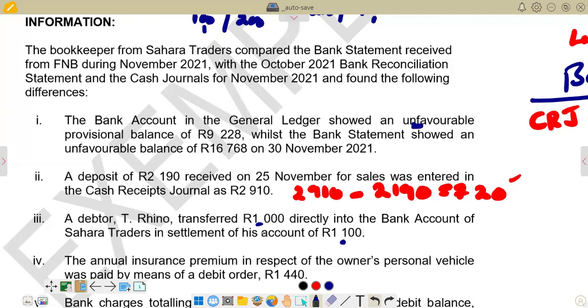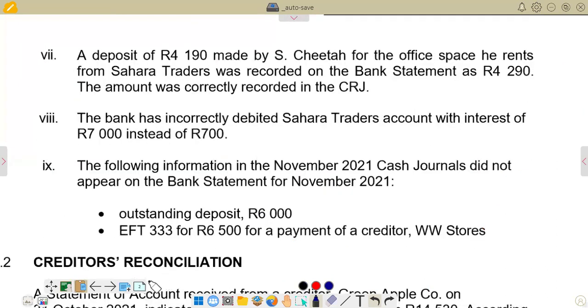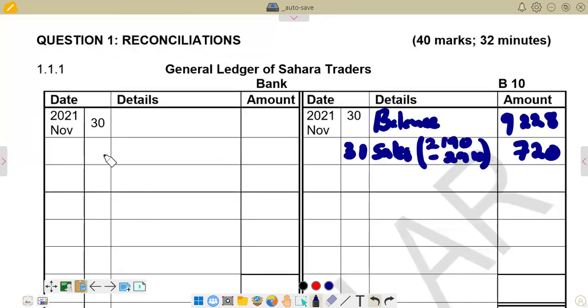So we put 1,000 on the debit side of our bank account. This is our debtors control of T Rhino, so we just say T Rhino. We put 1,000 on the debit side. So this is what we have. Then we go to the next transaction to see what we have.